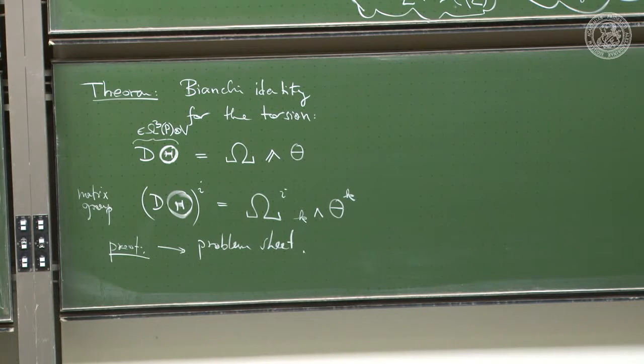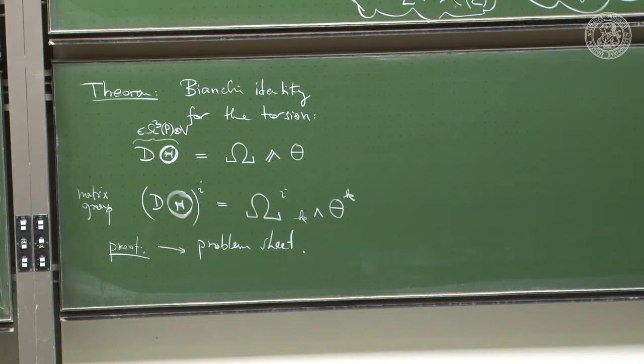Okay, so again, point your attention to the image up there. In addition to the connection, you need a solder form in order to talk about the torsion, and that is why the torsion has only this one index up.